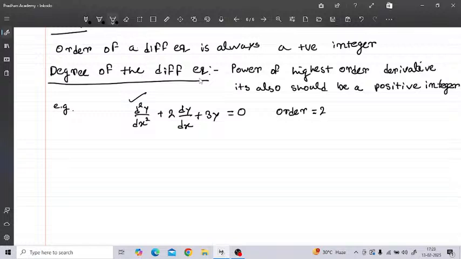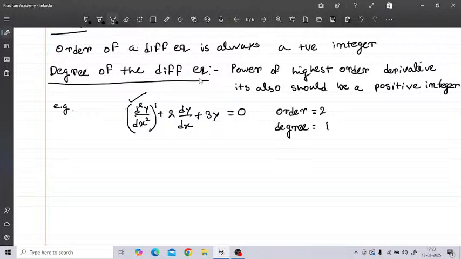Now I am asking you about the degree of this differential equation. So first of all, to get the degree, we have to see the highest order derivative. What is that? That is 2, and its integral power. What is its integral power? It's 1. So our degree is 1.